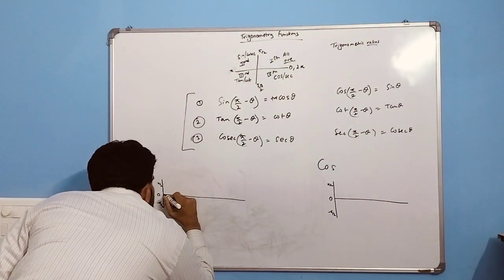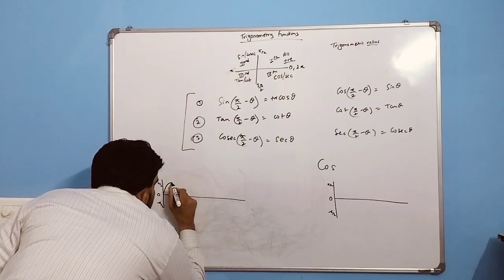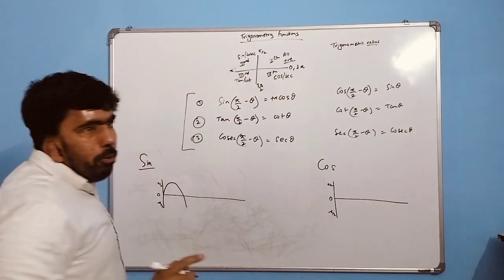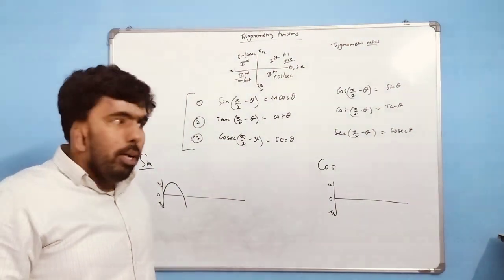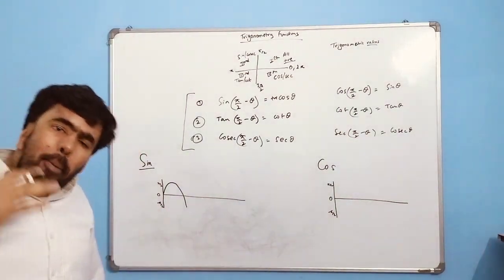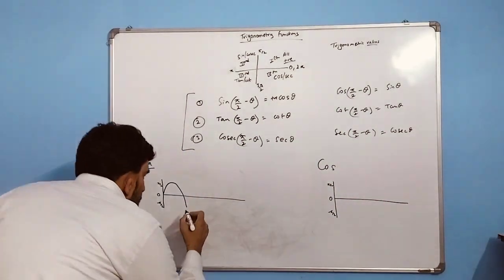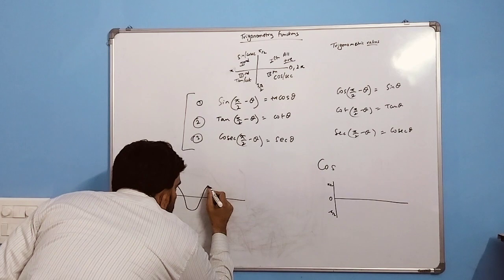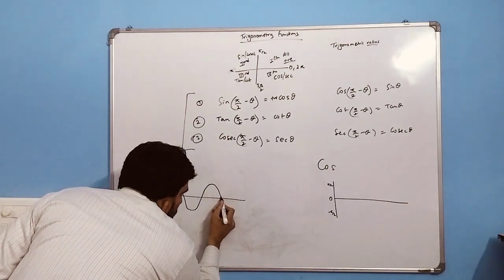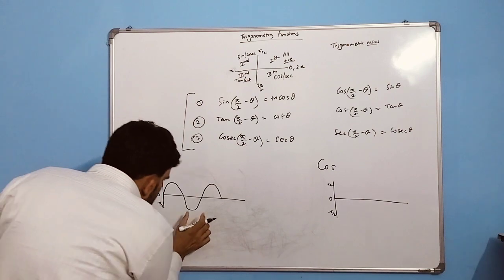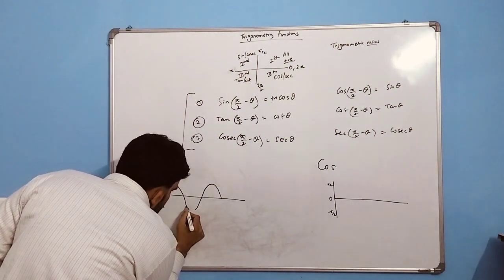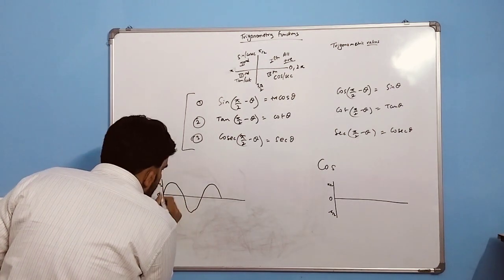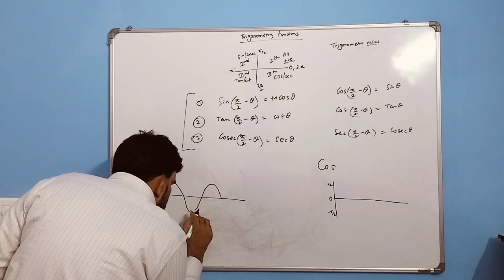So its graph will be like this, reaching the maximum value, then it will move down. If I move to minus 90, it will be minus 1. So the sine graph varies from minus 1 to 1. That is how we can easily show the values. We'll move further and tell you why I'm making it like this.